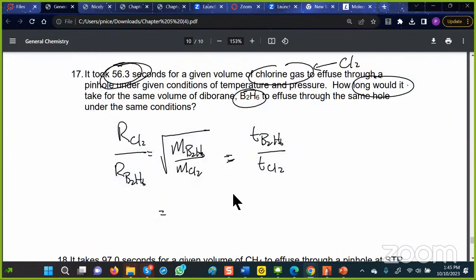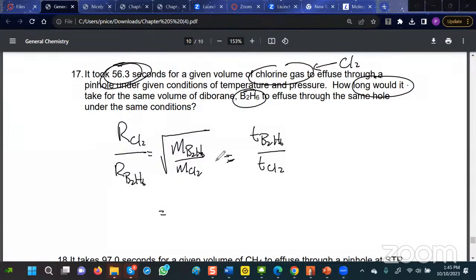So this part here would be the square root of 27.67 grams per mole divided by chlorine, which is 70.90 grams per mole.